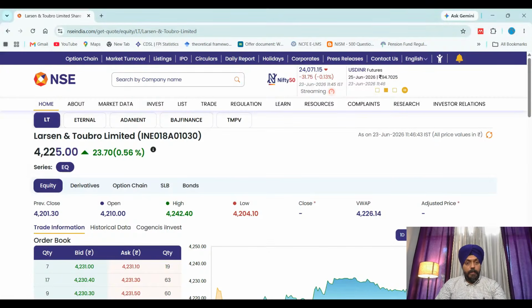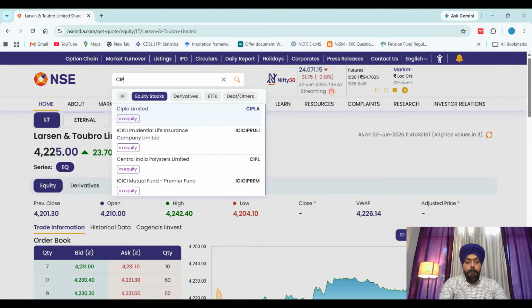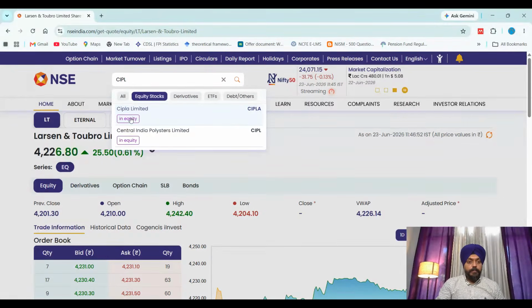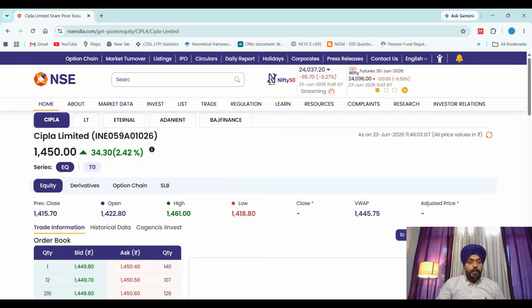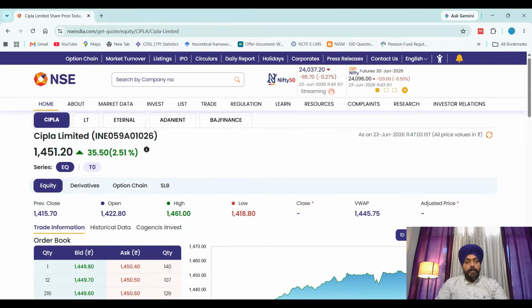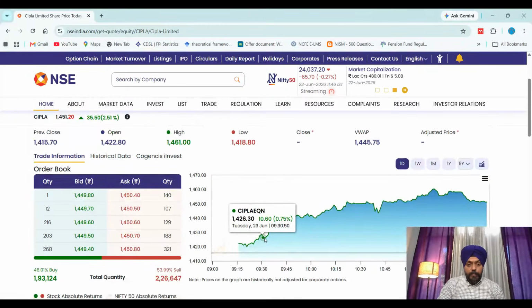Then we have Cipla. Cipla is in good momentum today, so let's do it for Cipla. Okay, for Cipla, the 9:30 a.m. price is 1426.